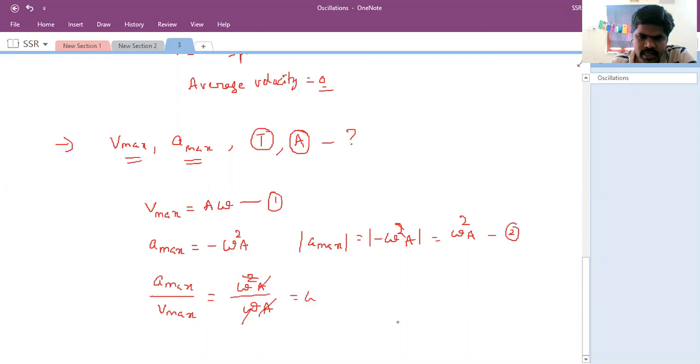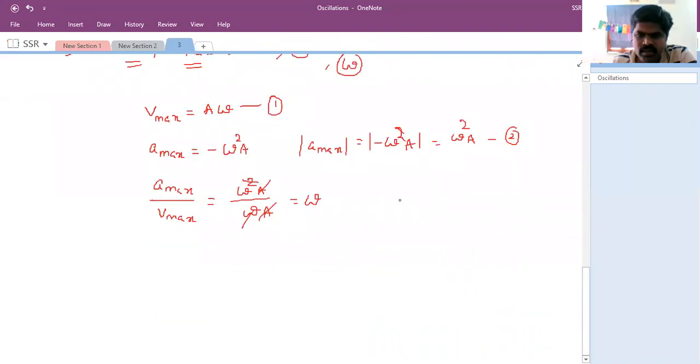This is equal to omega. So from this you can find omega from Vmax and Amax. So omega, the angular speed, is equal to magnitude of Amax by Vmax. Are you clear on this?